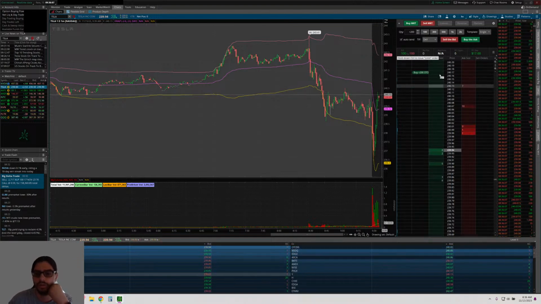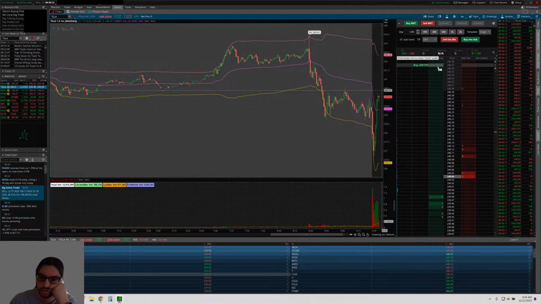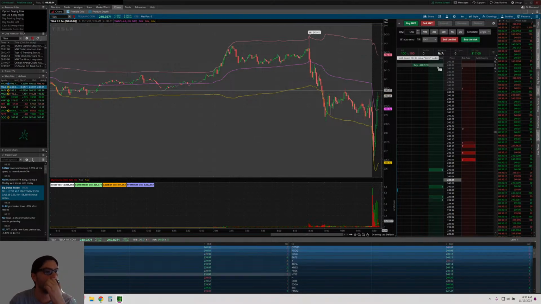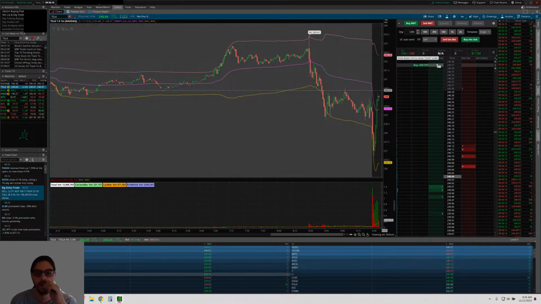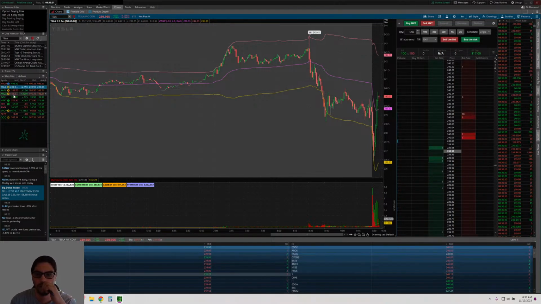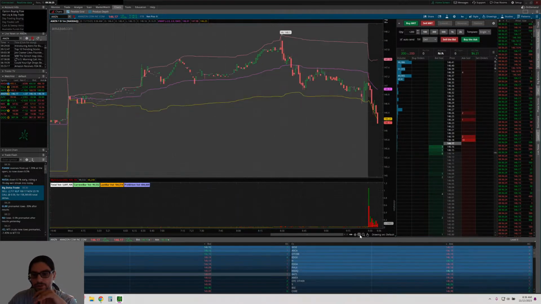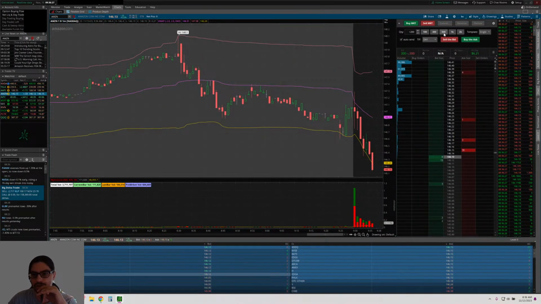So there's going to be the pullback. I think that's going to be going up, but this did go and make a new low. We just got gypped out.